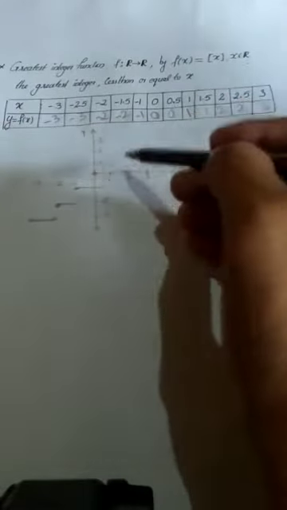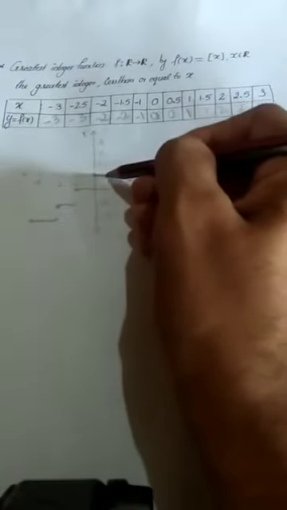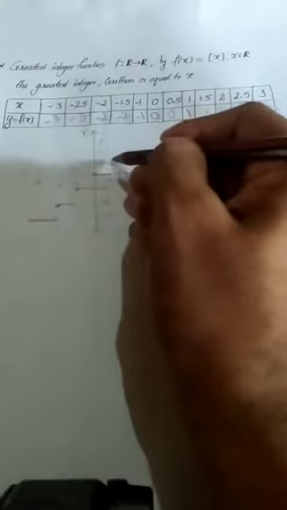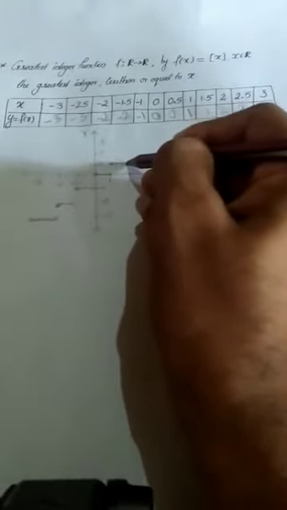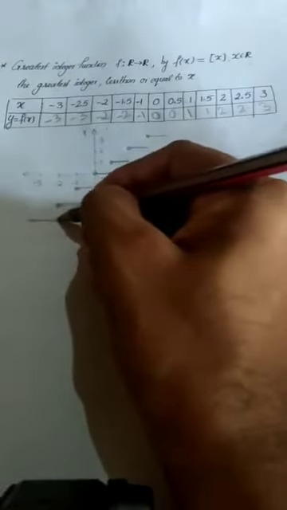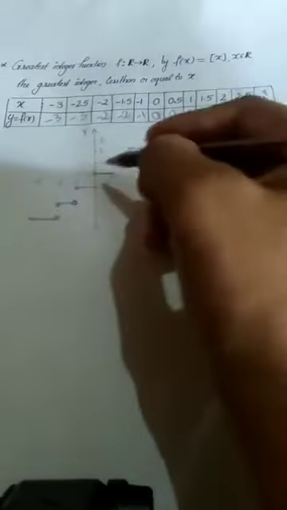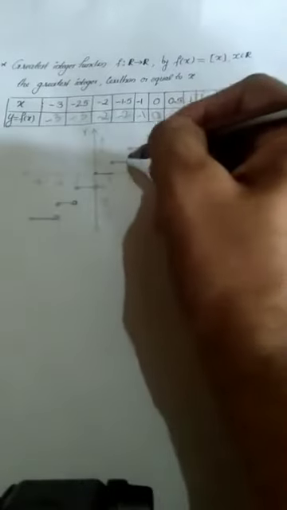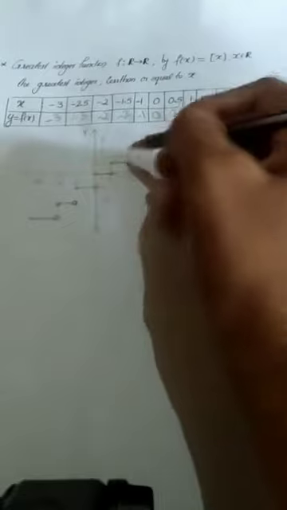From 0 to 1, it is 0. From 1 to 2, it is 1. From 2 to 3, it is 2. From 3 to 4, it is 3. Here we have an unshaded bubble. This is the graph of the greatest integer function.